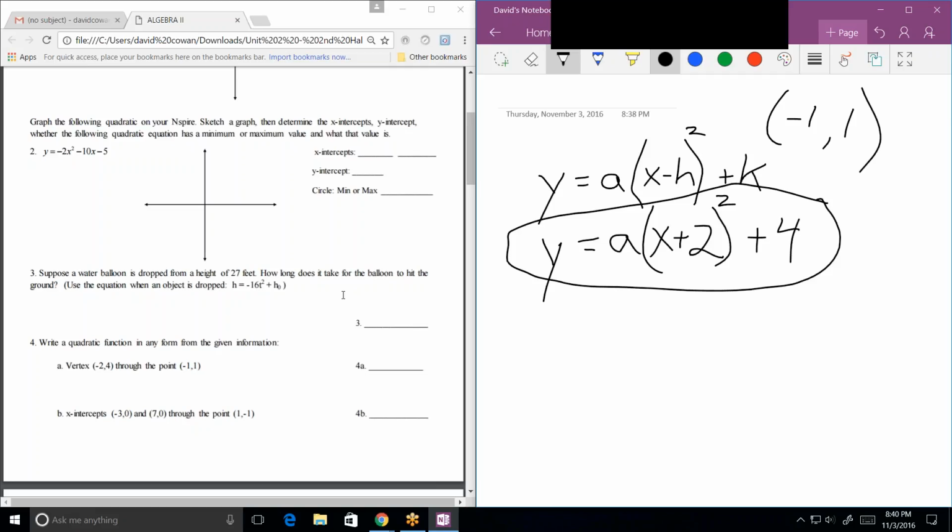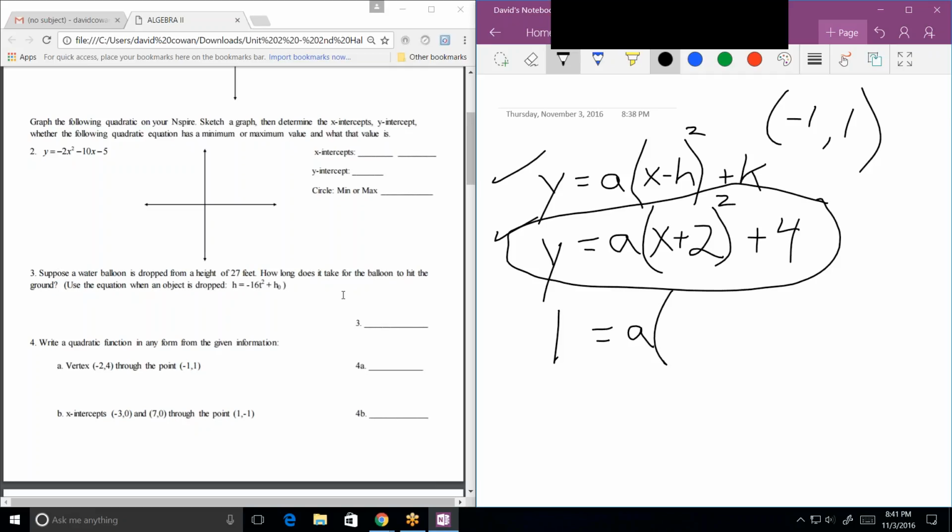Do this one step at a time, very methodically. I listed the general form, and then I listed everything I knew, which was h and k. Now I'm going to plug in this point for x and y. So y has to be 1. Still solving for a.